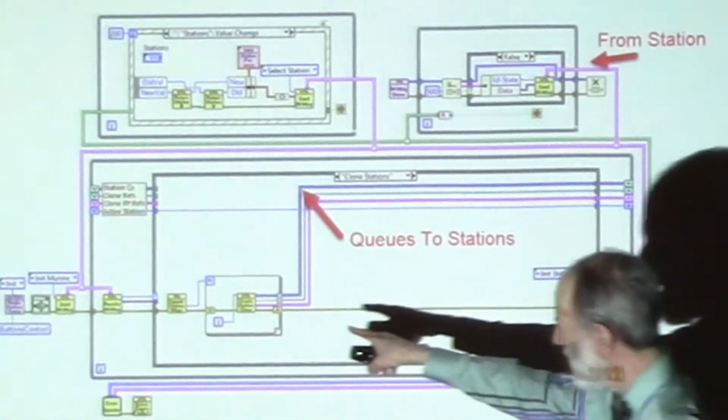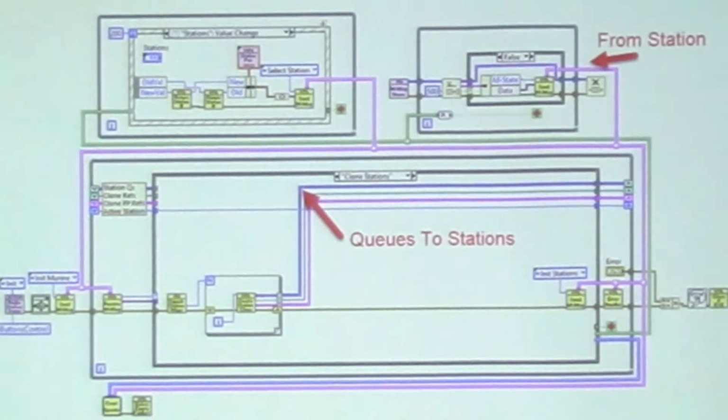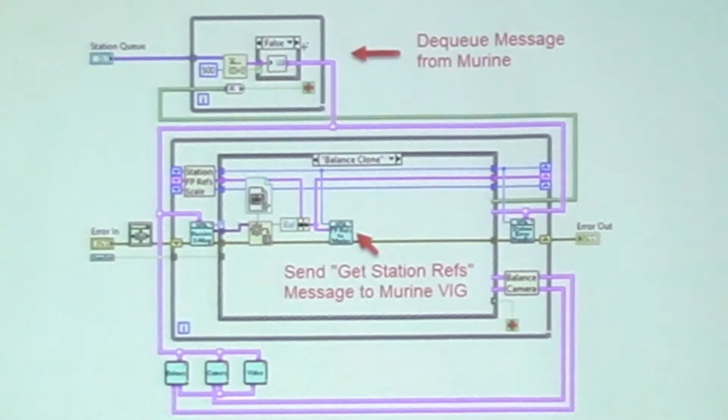Here when we create the station clone, we create it with a queue, and here are all the queues for the station. So when we want to send a message to a station, if we find the station we want to send a message to, we put it in its clone, and in the station block diagram, there's the queue that it was wired in when it was called. We take any message that comes off, and we send it here.